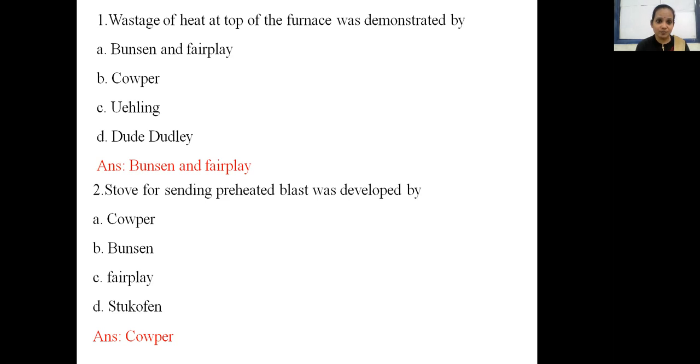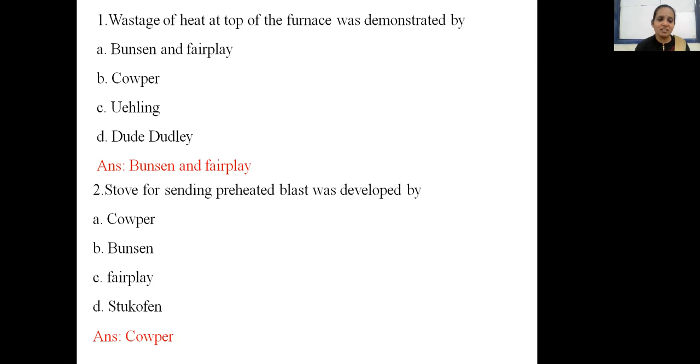We have already discussed Bunsen and Playfair. They demonstrated the usage of exhaust gases. That gas can be cleaned, then used as a fuel and as a reducing agent, and to produce heat somewhere.